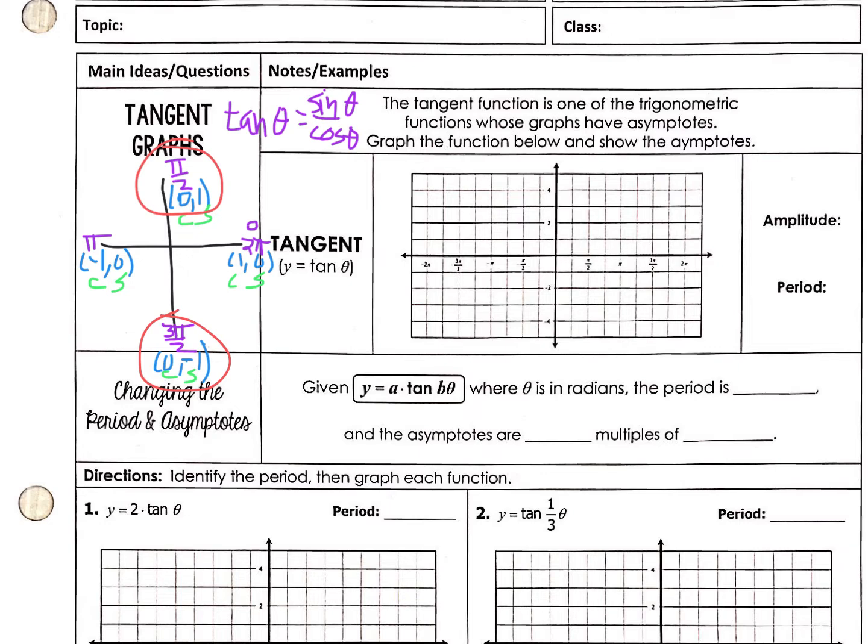And another odd thing, I wasn't in charge of the math world, but somebody decided that instead of going from pi over 2 to 3 pi over 2 on the unit circle and laying our asymptotes at pi over 2 and at 3 pi over 2, and having this distance from pi over 2 to 3 pi over 2 be one period of tangent, that we were going to actually go in this direction.